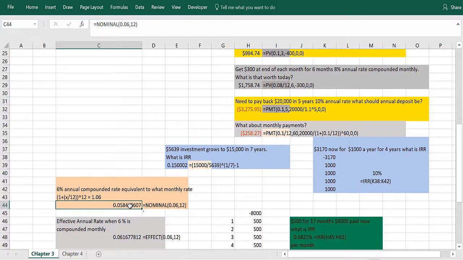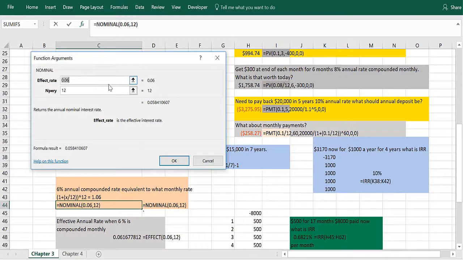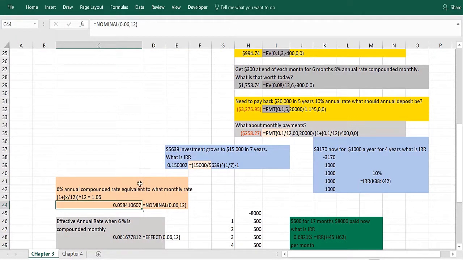And there's a function in Excel, nominal. So basically you take nominal, the effective rate was 6%, and you've got 12 periods. If you're compounding, what rate do you need?